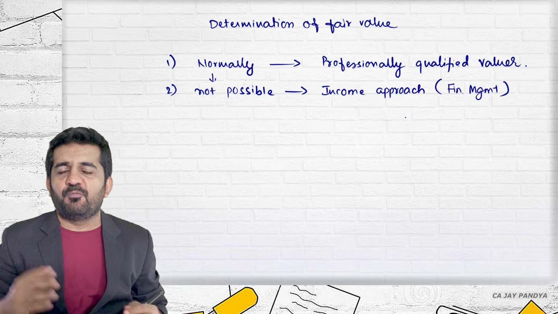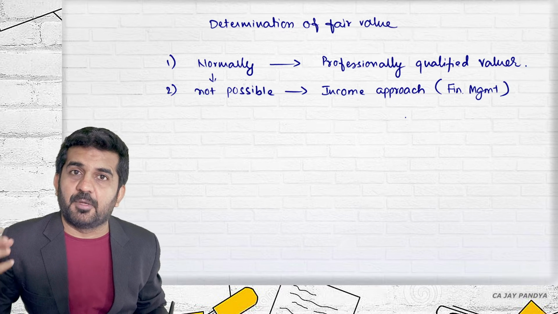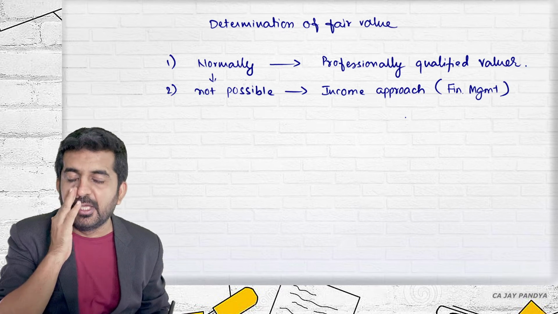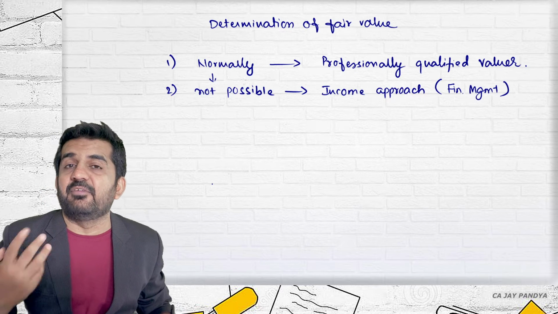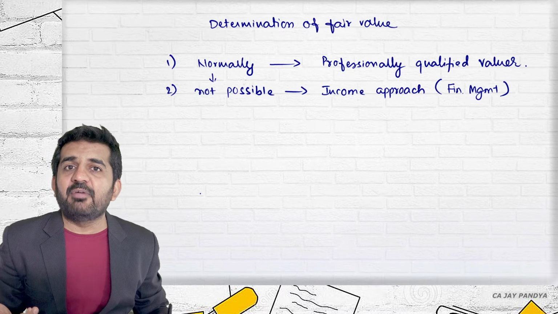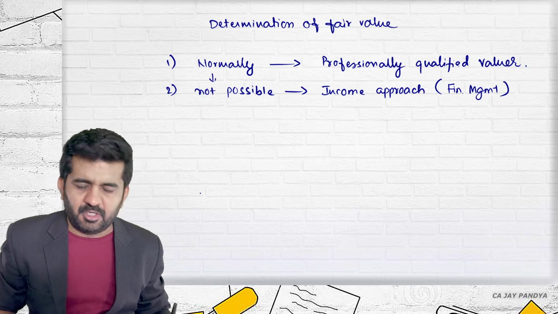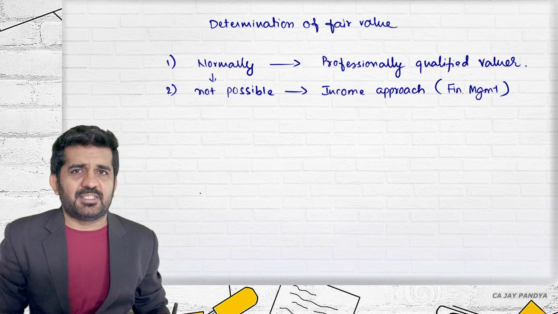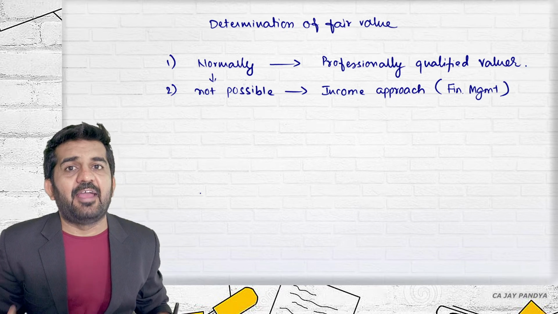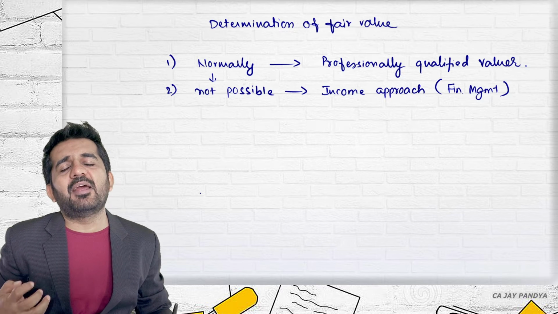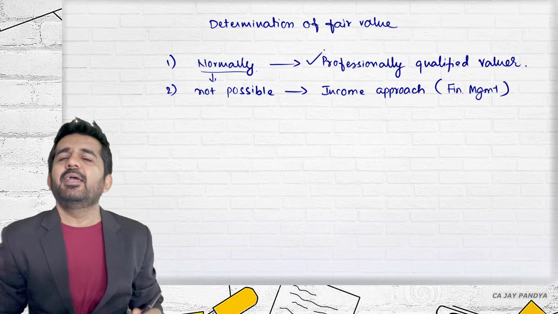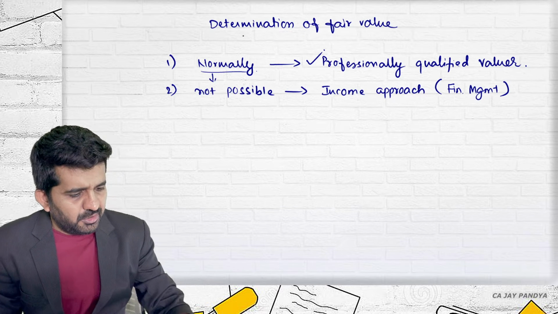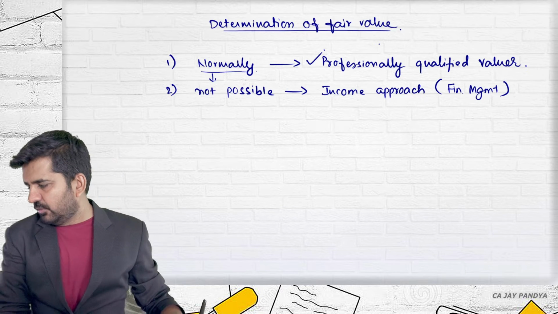What you do is you find out your future income and you find out the present value of that future income, and you value your asset in finance in this manner, which is permitted even by AS 10. That is, to revalue your asset, you can use that particular method. But normally try to understand, if in the market there is evidence or the market value can be found out by this method, it should normally be found out by this method. So this is the determination of fair value.